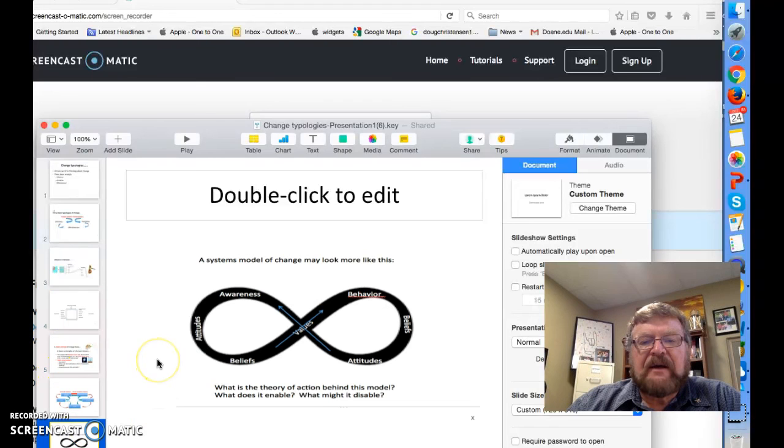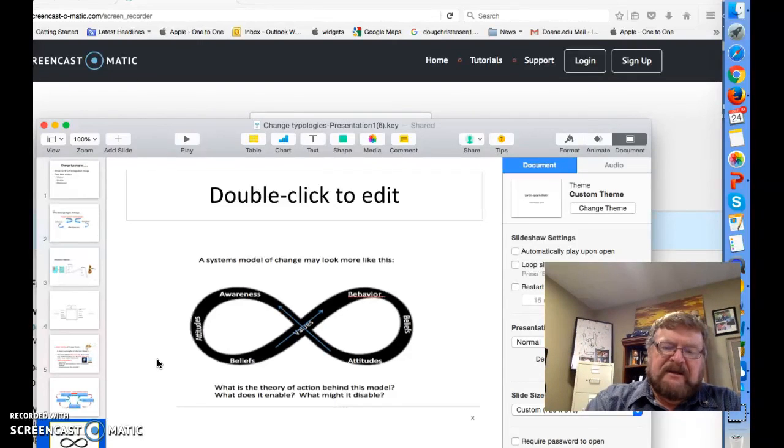Here's another way to look at it. I think a systems model would probably be the easiest way to look at this, in that you have this constant swirling and going back and forth in this infinite circle, with the idea that it's the values piece that is the crux of both sides of it.